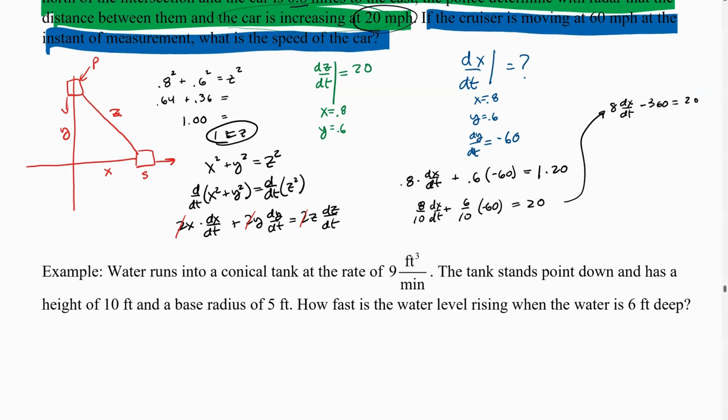Let's add 360 to both sides, and I get 560. Divide by 8. I get dx dt is equal to 70. And everything's in miles and everything's in hours. So that speeding car is moving at 70 miles per hour.